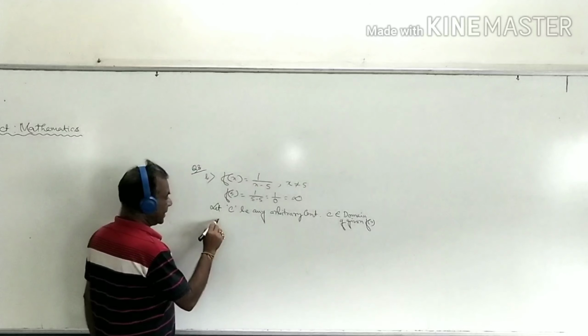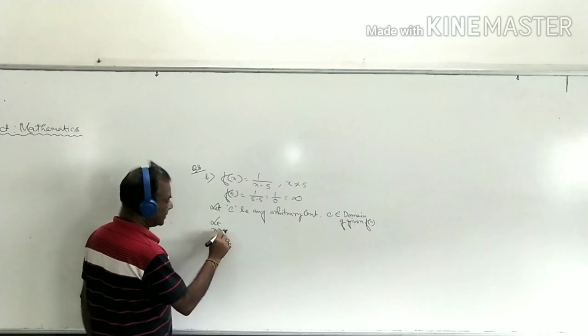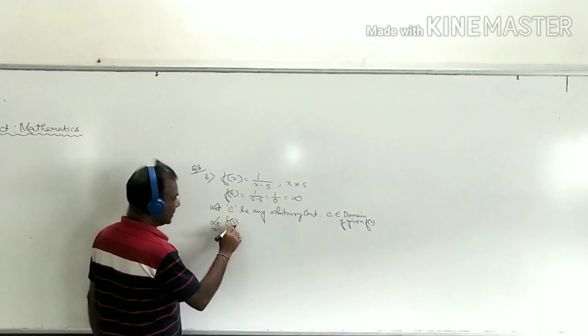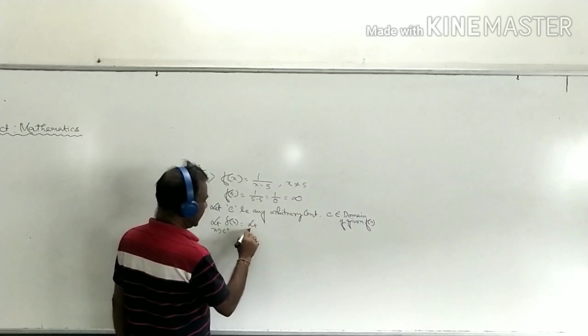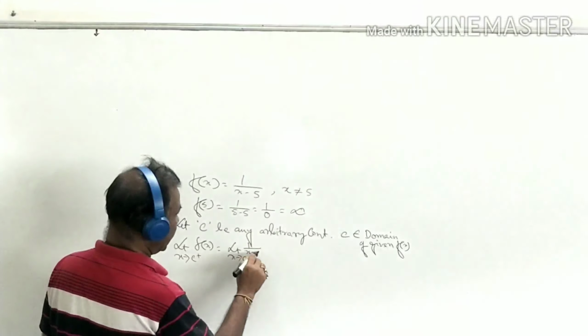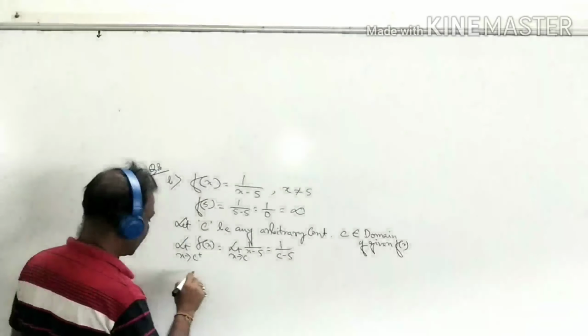Now you see that limit x tends to c plus f(x) equals limit x tends to c plus 1 by x minus 5, which equals 1 by c minus 5.